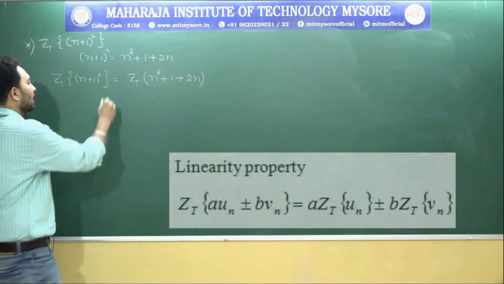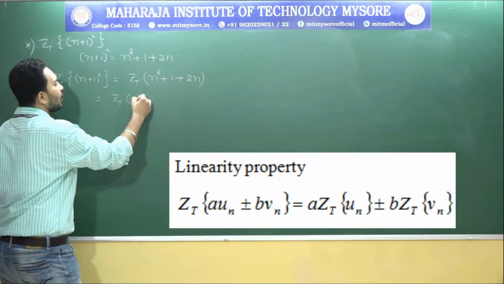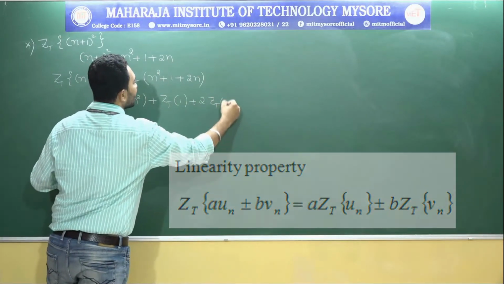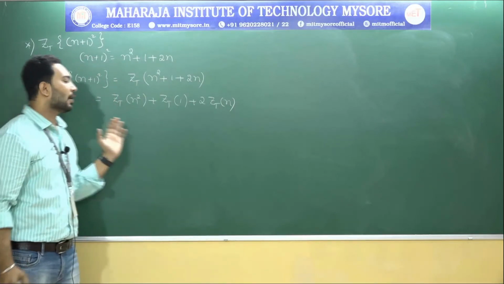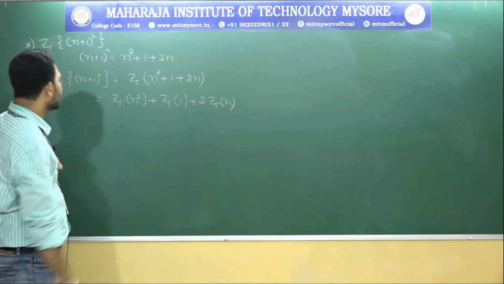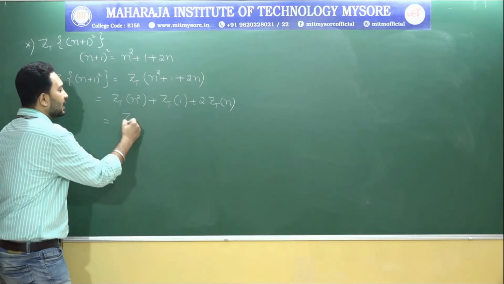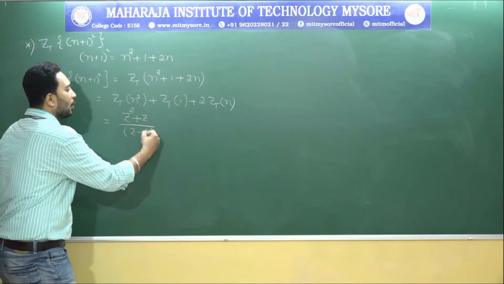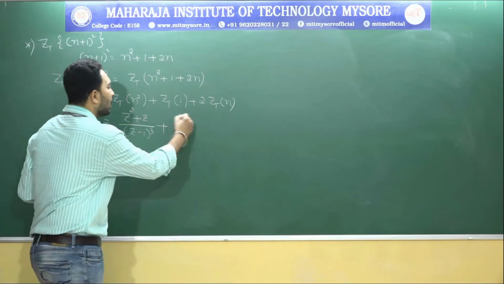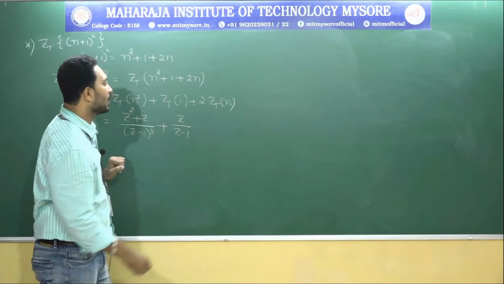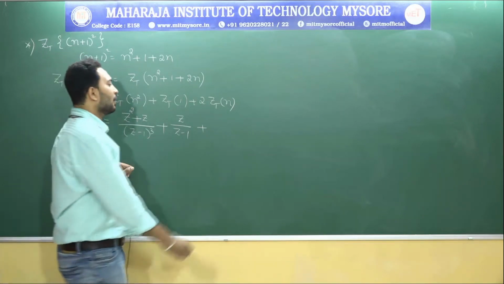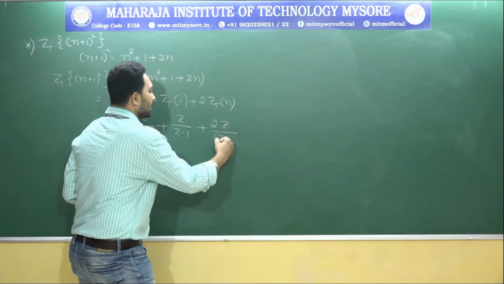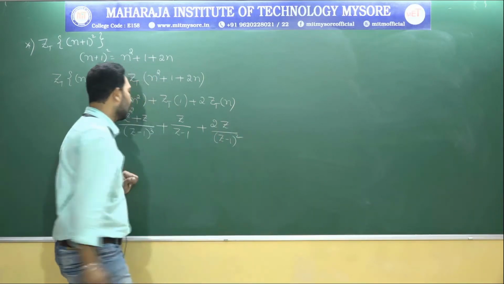By applying the linearity property, we can write this as the z transformation of n square plus the z transformation of 1 plus 2 into the z transformation of n. We have already proved the results for these three things. So I can write directly the z transformation of n square as z square plus z divided by z minus 1 whole cube, the z transformation of 1 as z divided by z minus 1, plus the z transformation of n as 2 into z divided by z minus 1 whole square.